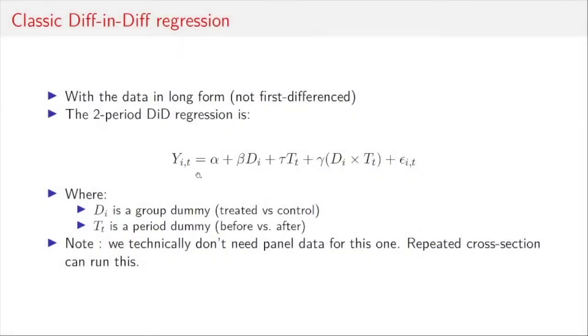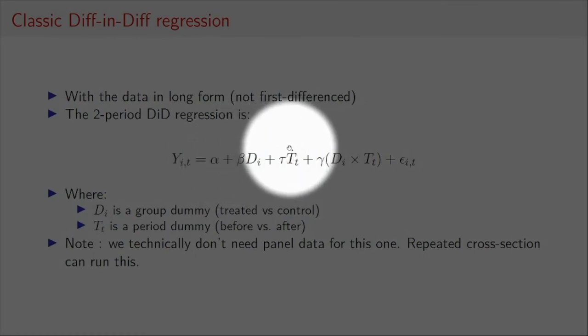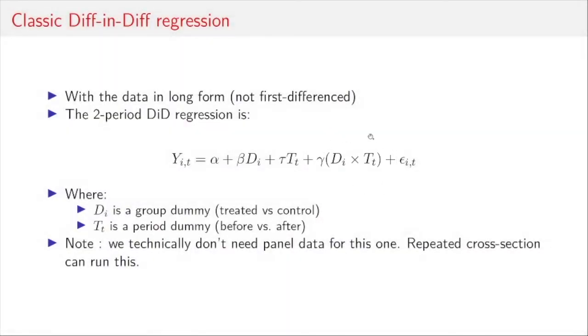And so you regress that on an intercept, a dummy for the group, a dummy for the time period, and, this is the key, an interaction term between the group dummy and the period dummy. So this interaction term is equal to 0 for the control group. It's equal to 0 in the first period. It's only equal to 1 for the treated group in the post-treatment period, in the after period.